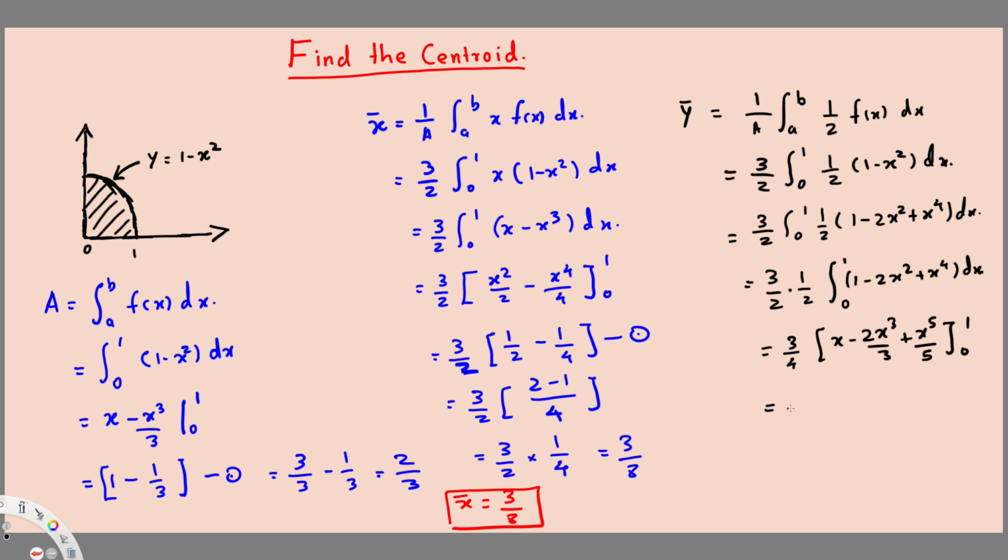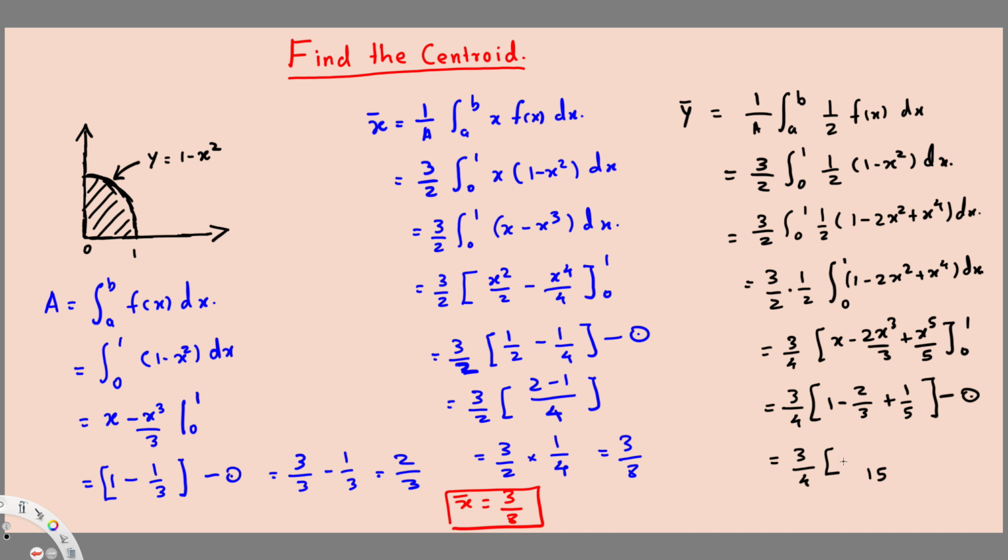If we substitute 1 for this one, this is going to be 3 by 4 times 1 minus 2 divided by 3 plus 1 by 5. If you substitute 0, that's going to be 0, the whole thing will become 0 minus 0 plus 0, which is 0. So 3 by 4, and here we can take 15 as our common denominator.